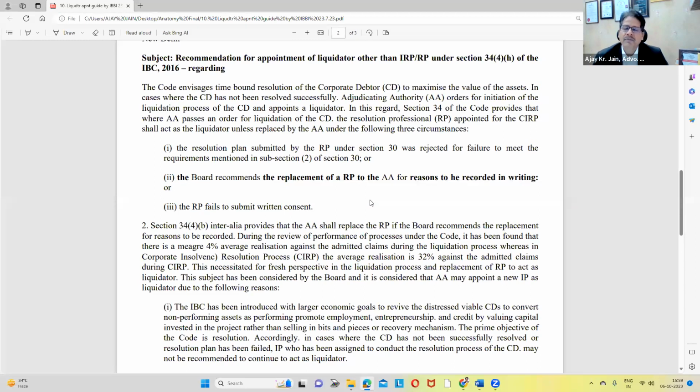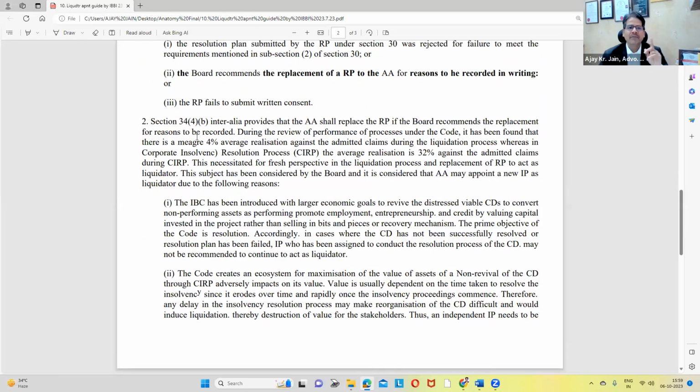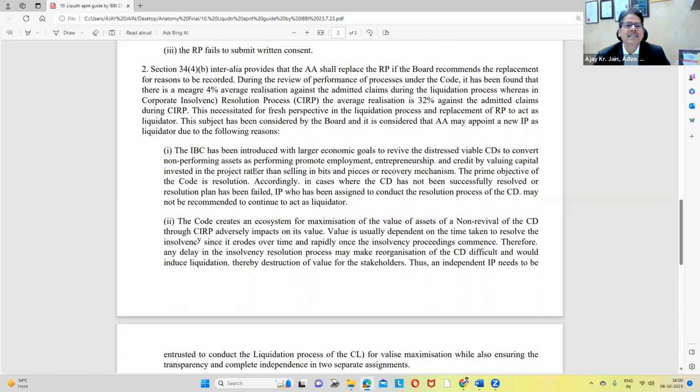One must be aware, before passing the resolution for liquidation, that this is the position at present. Board recommends the replacement. Section 34(4)(b) inter alia provides that the AA shall replace the RP if the Board recommends the replacement for reasons to be recorded during the review of performance of processes under the code. It has been found that there is a meagre 4% average realization against the admitted claims.